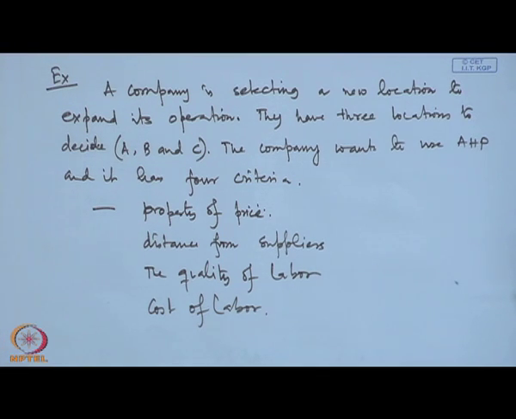As I said, the first stage of decision making problem is the information acquisition, and next is the quantification of information. Property of the price and distance we can quantify very precisely, but the quality of labor is the perception of the decision maker, and the perception cannot always be very precise in nature.